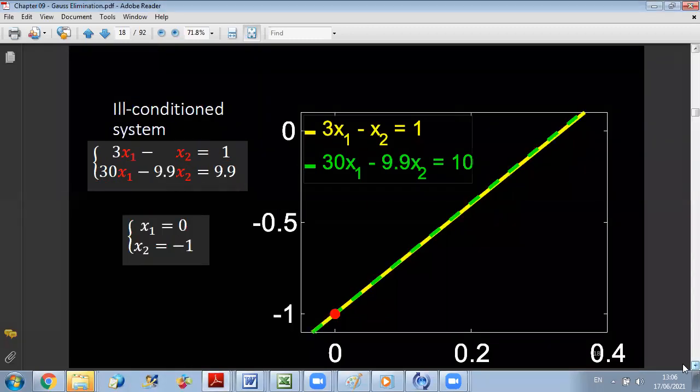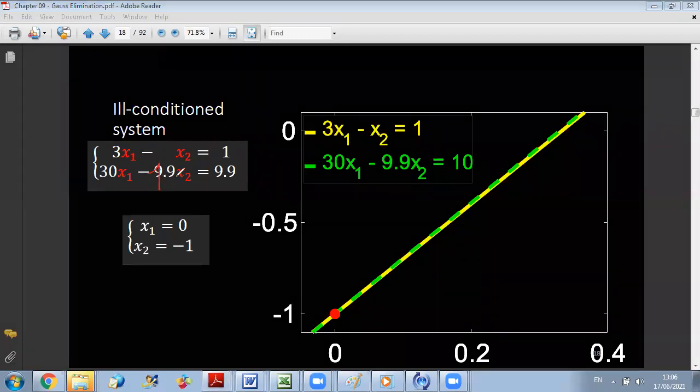The fourth possibility is to have an ill-conditioned system. What do we mean by this? This system will be very close to having infinite solutions, but with just a very small difference. If you have infinite solutions, the coefficient here should be 10, and the result should be 10.